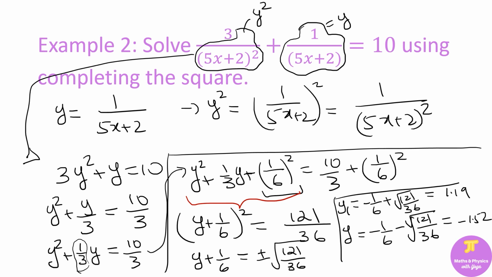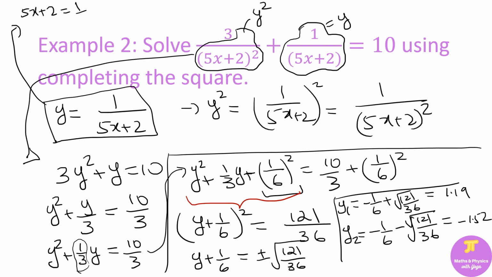But this is not the final answer, because y is a variable that we introduced. What we need to do is go back to this equation and make x the subject. If you look at this equation, y is equal to 1 over (5x plus 2). So 5x plus 2 is equal to 1 over y, which means 5x equals 1 over y minus 2.